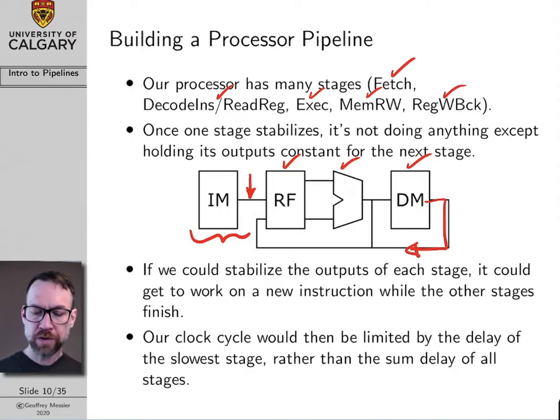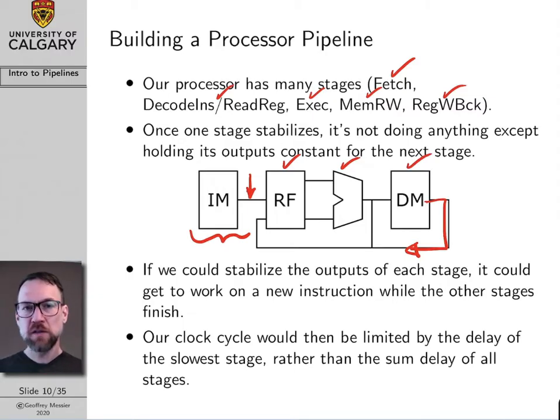But during the whole time that we do these other stages, our instruction memory is not really doing anything, right? It fetches its instruction, and after that, its job is basically to hold its output stable until everybody else finishes.